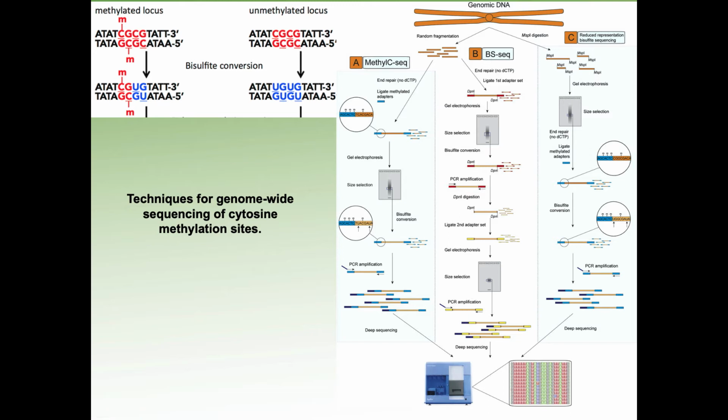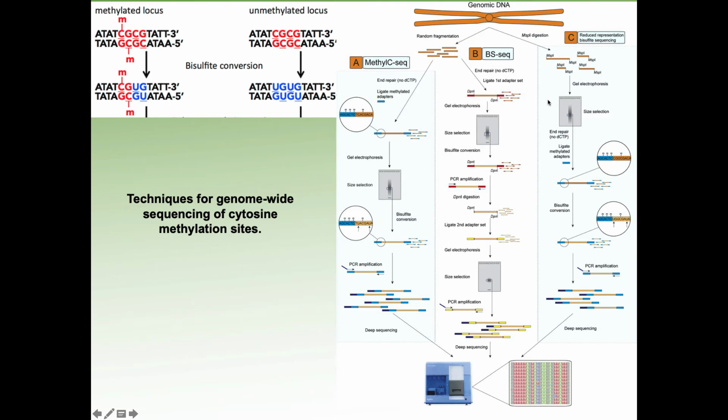And they also do single-cell bisulfite sequencing, or scBS, I think is what they call it. But basically, all of these methods are based off of the same bisulfite conversion. They just take different approaches to figure out whether you're going to sequence everything or just part of things, right?